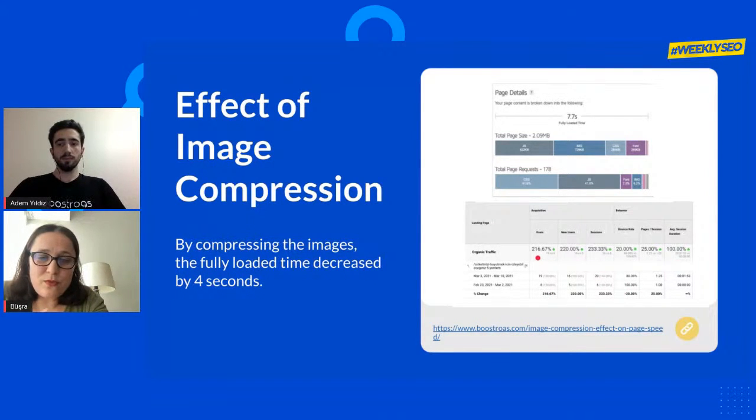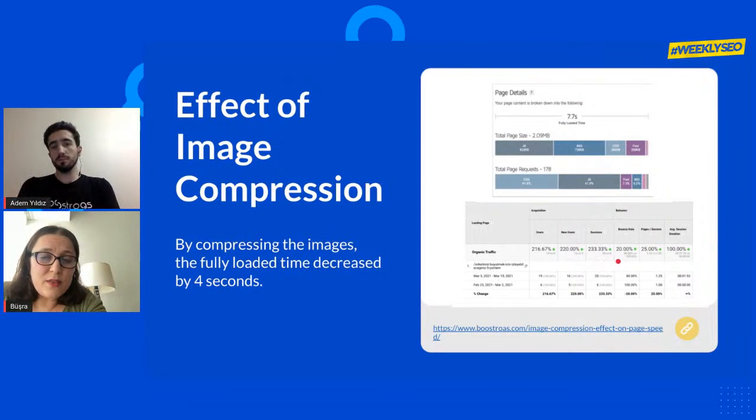But look at this, Adem. The average session duration increased by 100%. Bounce rate improved by 20%. It was a really important metric because every Google guide, every page speed guy is talking about this. Even 1 second increases your page bounce rate more and more.